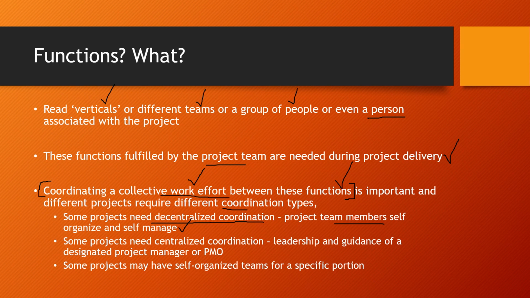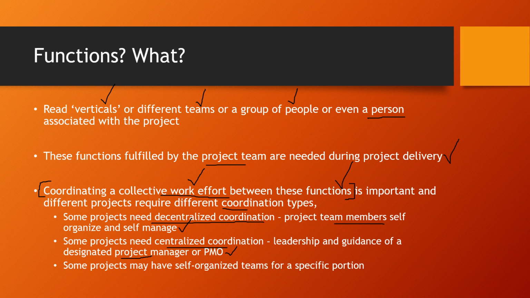Now, some projects may require centralized coordination. When you think about centralized coordination, think about traditional project managers, think about a strong matrix or a projectized kind of environment. This is where the leadership and guidance of a designated project manager or even a PMO is required.